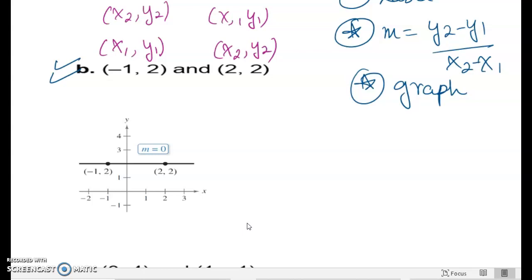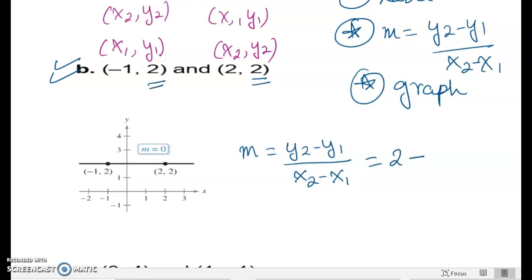Why? Let's try to solve using our formula for slope and figure out why it has m equal to 0. Write everything again. y2 is 2 minus y1 is 2 again. x2 is 2 minus x1 is negative 1.